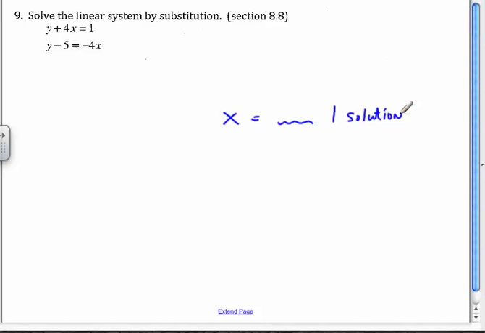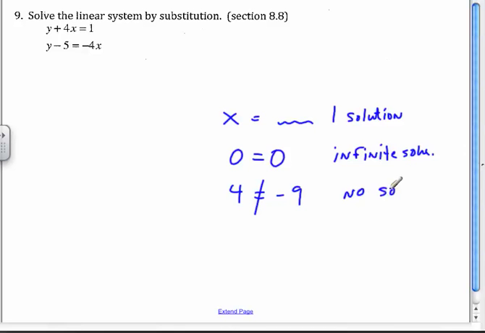If I get a true statement like 0 is equal to 0, that means I have infinite solutions. All right? And then if I get a statement that's not true, something like 4 is equal to -9, that's not true. That means there are no solutions. That means that these lines never cross each other.